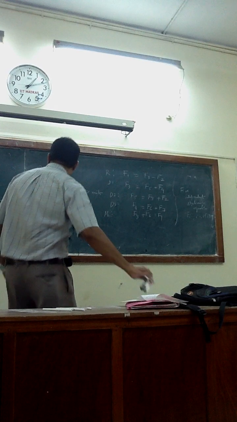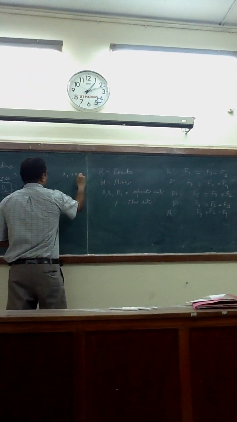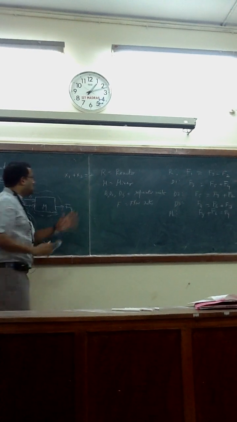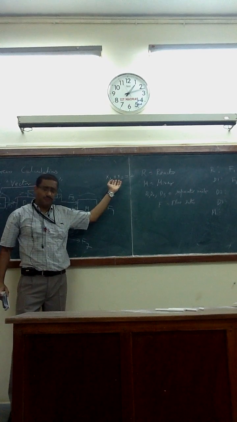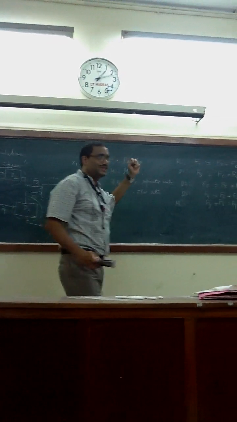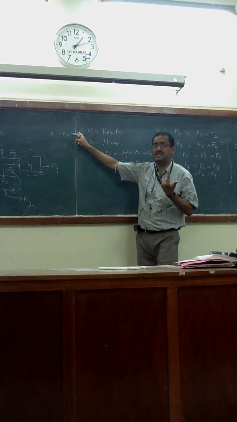I will discuss a little bit what I mean here. If I say x1 plus x2 equals 2, how many solutions do you have? Infinite solutions. Excellent. Why? Number of unknowns is 2, number of equations is less.